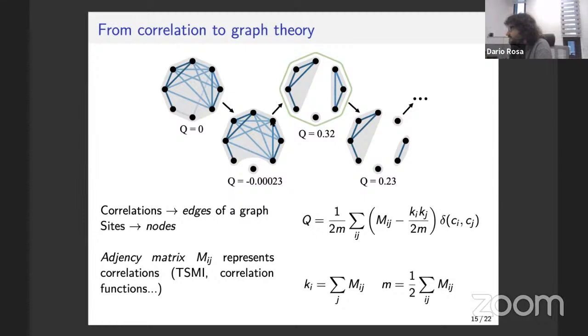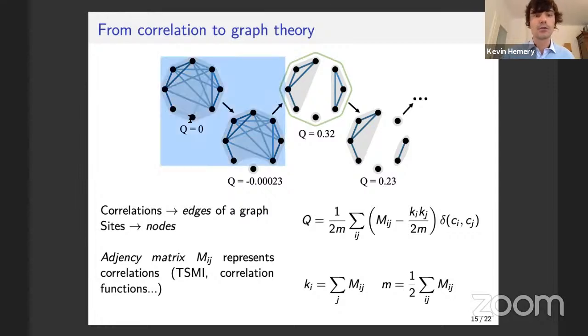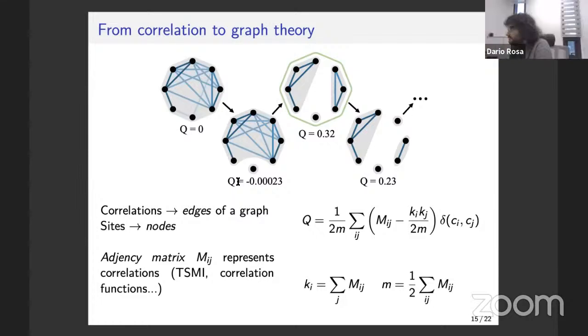Here I've just shown the intermediate step where finally you have something split. When you remove one, for example this one, this site is still connected to the whole system. It's only when you remove the second one that you find the first partition. Okay, thanks a lot for your question. I hope it helped to clarify the algorithm.